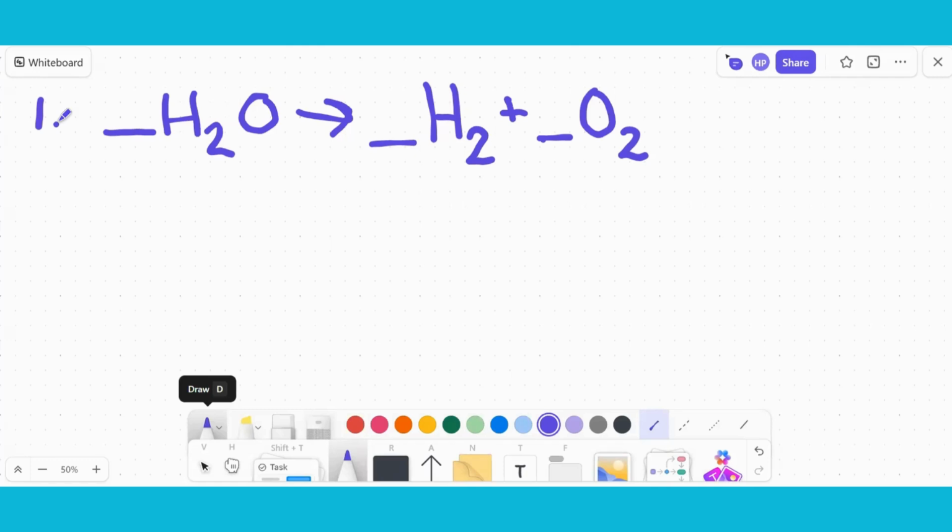Okay, so the first thing you'll notice with every balancing problem is there's going to be a space in front of all of the compounds involved. Now, the reason for that is because doing this is to follow something called the law of conservation of mass, which we've learned about.